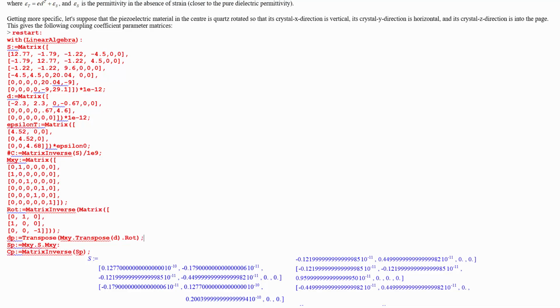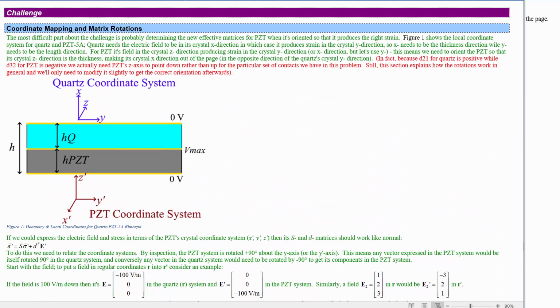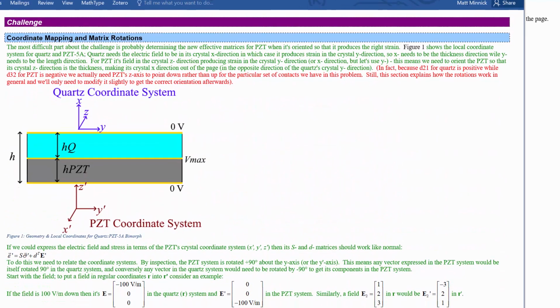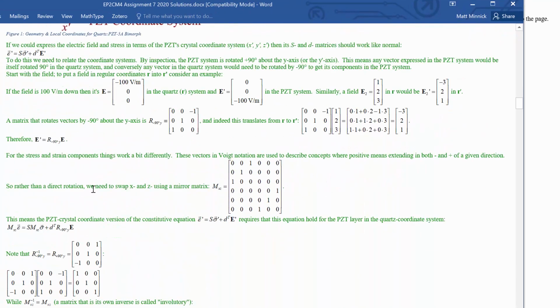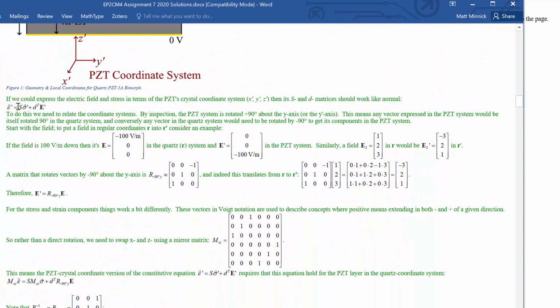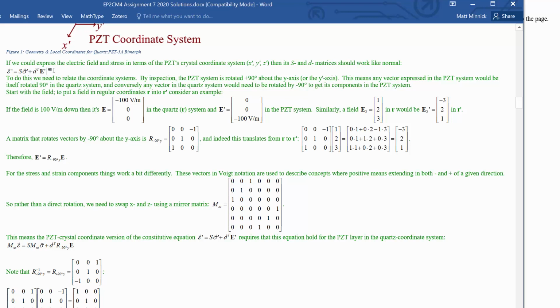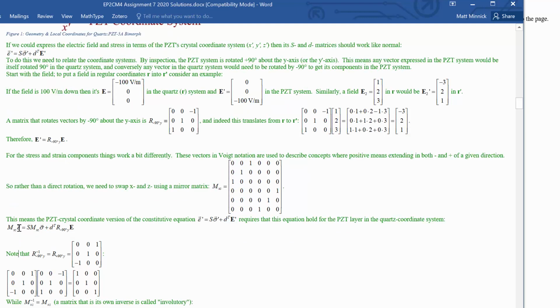The reason this works out is derived in the assignment 7 solutions this year, if you're interested. Basically the idea is you use the local coordinate system's opinion of variables and say that the compliance matrix and D matrix have to work in that local coordinate system because that's what they were defined as for the material. And then to translate that to the global coordinate system, you figure out what the relationship is between the global coordinate system's opinion of variables and the local coordinate system. And that's these mirror matrices for the strain and stress, and this translation matrix for the electric field vector.